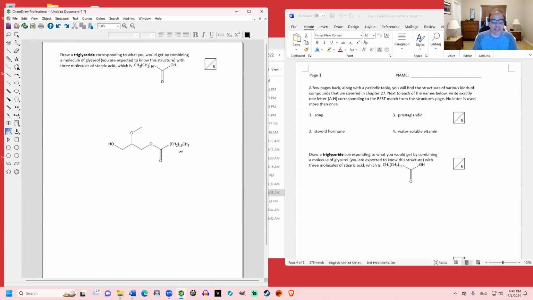So this is a little bit easier way to do it. And then we'll place another ester on this oxygen: oxygen, then C double bond O, then the alkyl group.